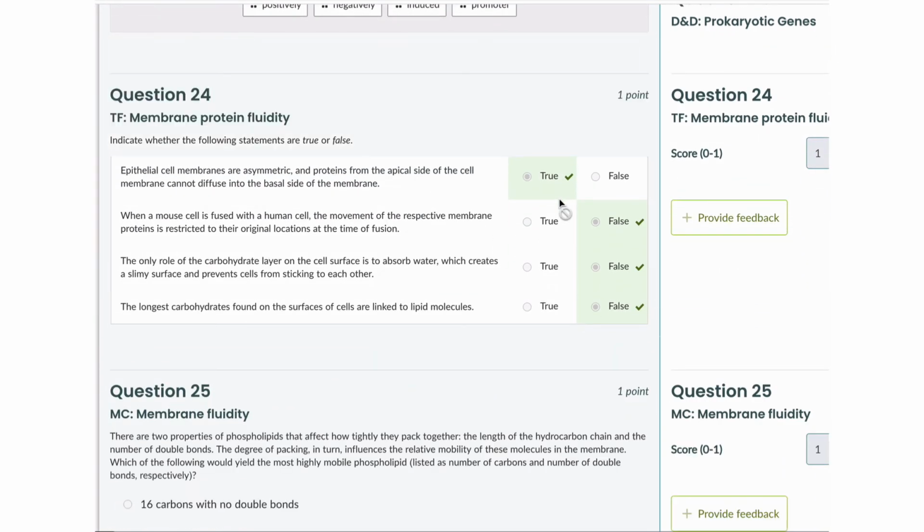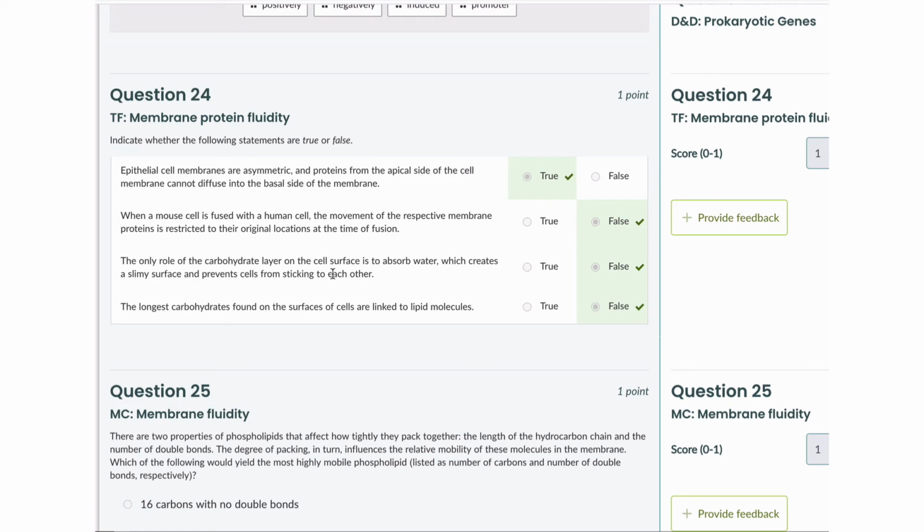Question 24. True or false? All of these are false except one. Epithelial cell membranes are asymmetric. Proteins from the apical side of the cell membrane cannot diffuse into the basal side of the membrane. That is true. The rest of these are false. When a mouse cell is fused with a human cell, the movement of respective membrane proteins is restricted to the original locations at the time of fusion. That's false. They drift throughout the membrane surface.